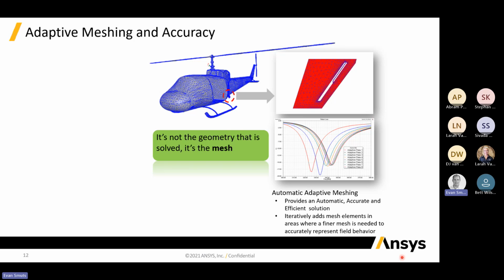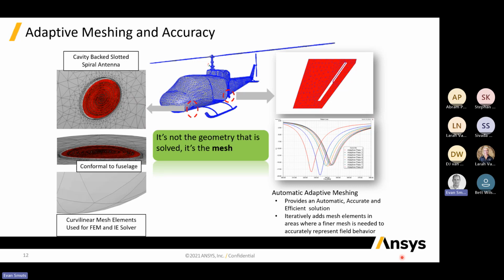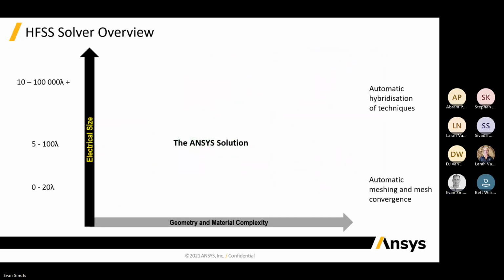That way we can get additional accuracy where we need it without adding any extra overhead. So we can focus our efforts around particular components and leave everything else fairly coarse. And then obviously we can capture large curvature and intricate shapes because of that. So that really gives us great flexibility for any type of product, but also great accuracy as well.